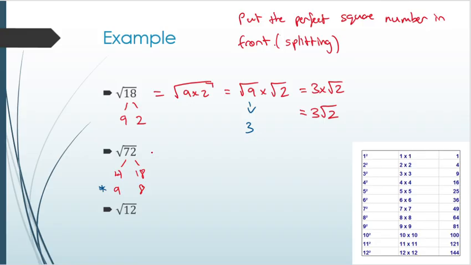So let's just work it out. I can split this up into square root of 9 times 8, and separate it like that. Now we know the square root of 9 is just 3. So our final answer is 3 times root 8, which equals 3 root 8.